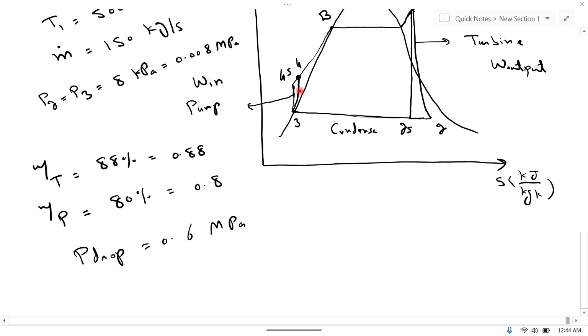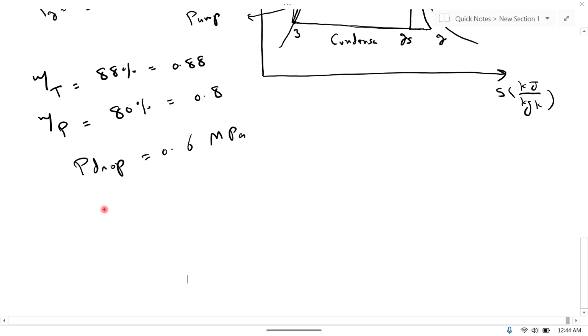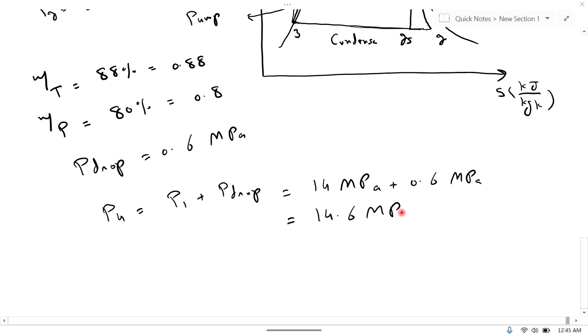In the pump, the main work of the pump is to increase the pressure. So 4 is the end of the pump, and P4 will be P1 plus the pressure drop. P1 is given as 14 megapascal and the pressure drop is 0.6 megapascal, which is equal to 14.6 megapascal.